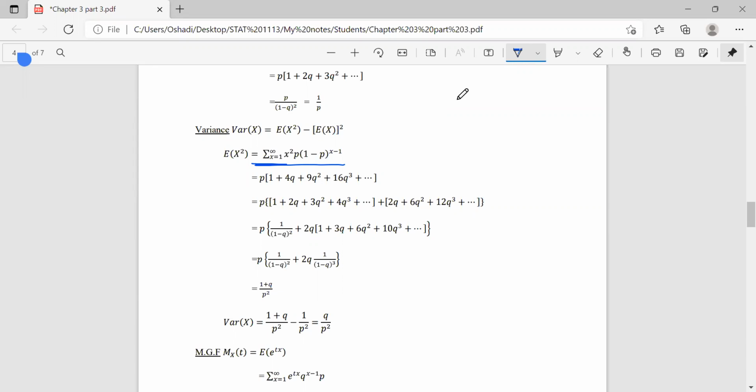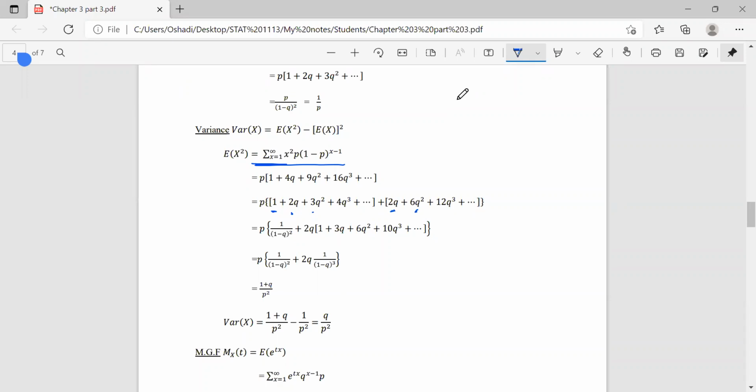Okay, so we separate the first series into two series. 1 here, 1, and we take 2q here and 3q, and the remaining 6q is here. Here the 4q, only 2q is taken here, and the remaining part is here, right?